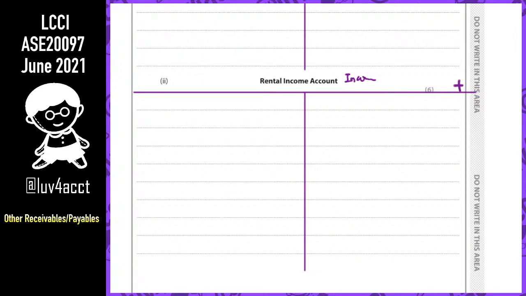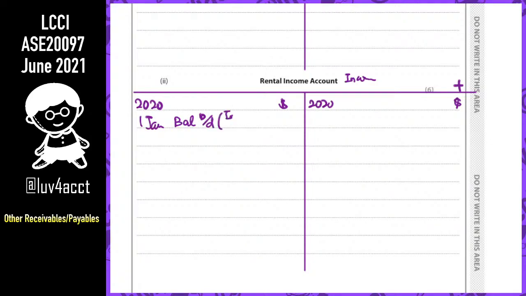So we are not told about any income in advance at the start of the year, only income in arrears. Income owing to you. So year 2020, 1st of January, we have a balance here, balance brought down.